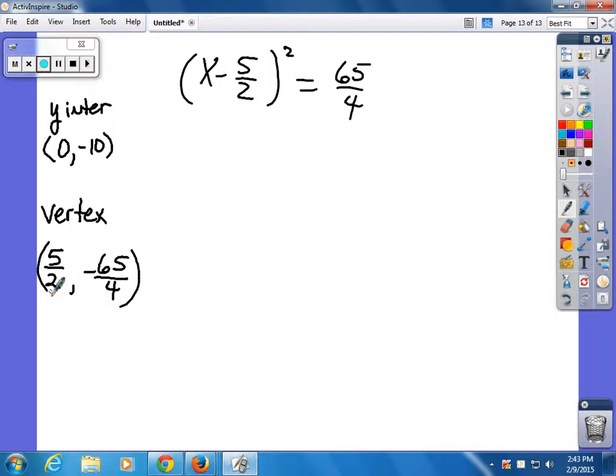And the vertex form, f of x is equal to x minus 5 halves, quantity squared, minus 65 fourths. So there's your three things there that you can get from what we got so far.